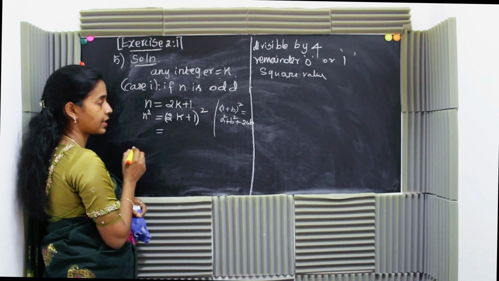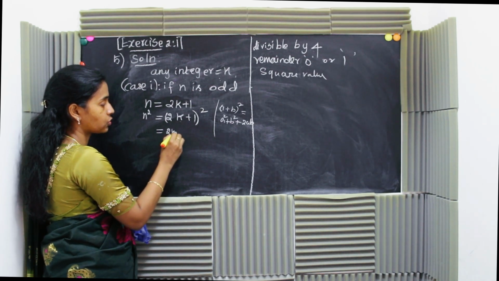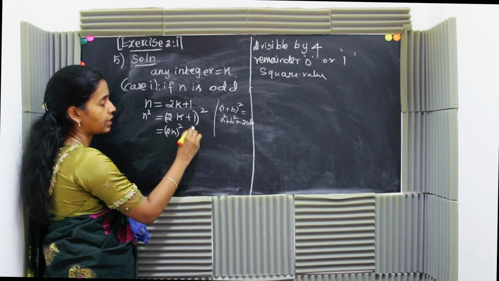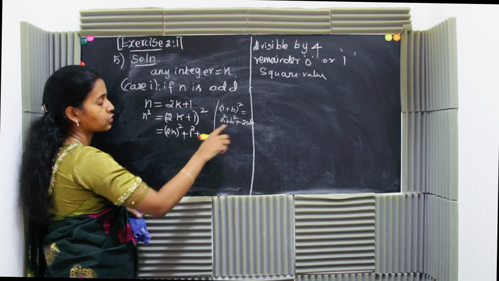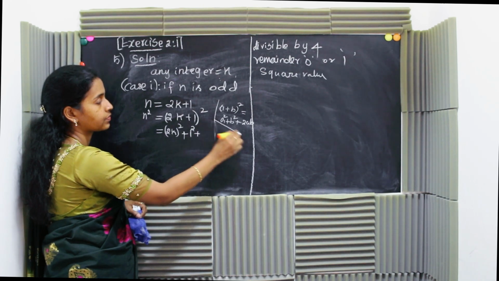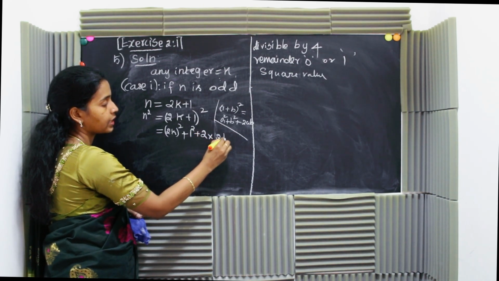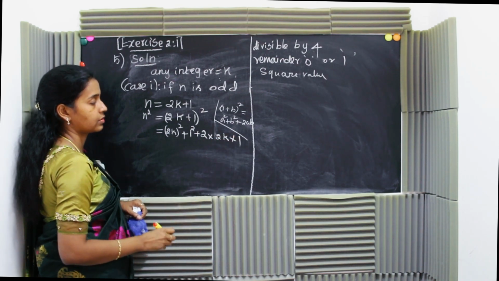So here, what is a? 2k squared, plus what is b? 1 squared, plus 2 into a into b, 2 into 2k into 1, right?